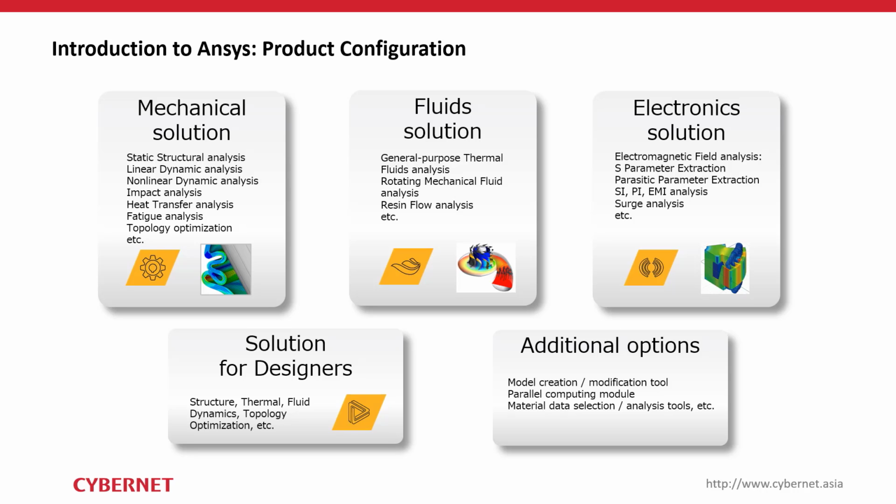Ansys also offers a material data selection library, a more robust and comprehensive material library that helps you further explore the capabilities of Ansys without the trouble of finding suitable material for your analysis.